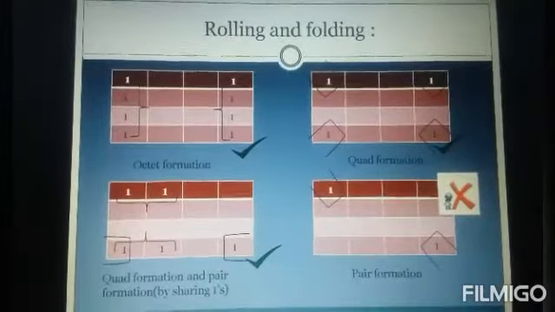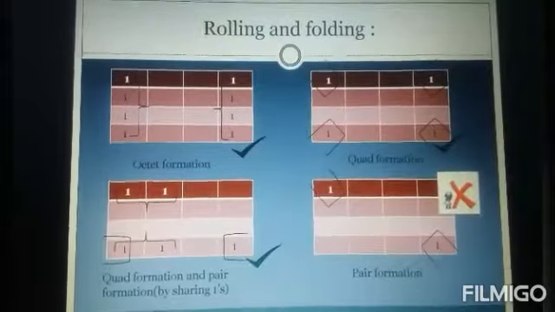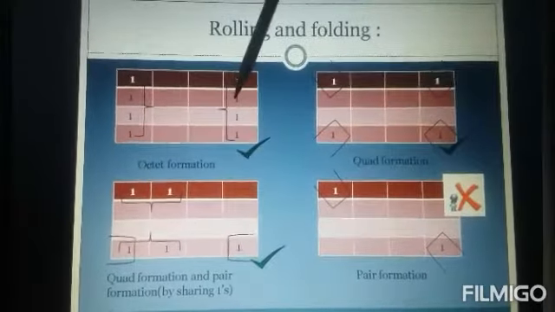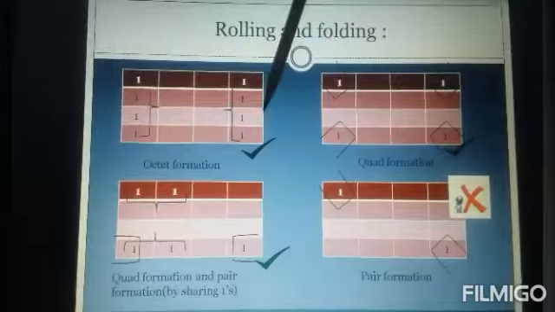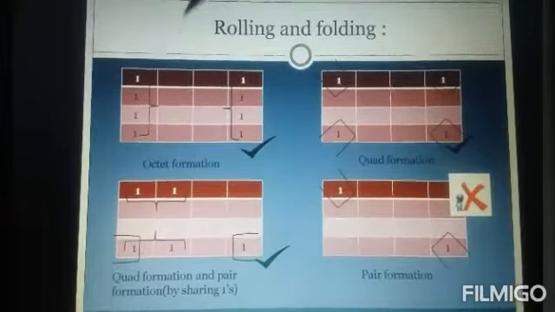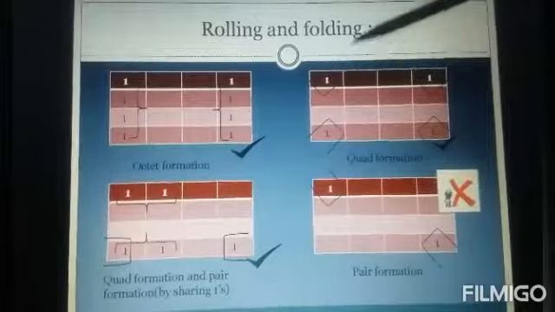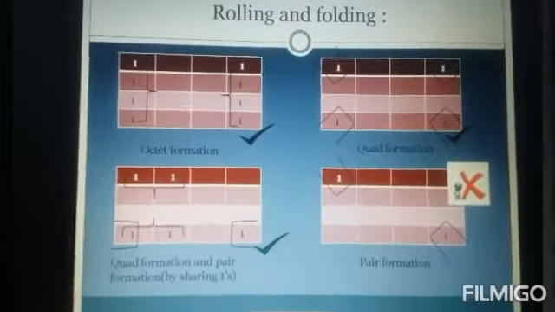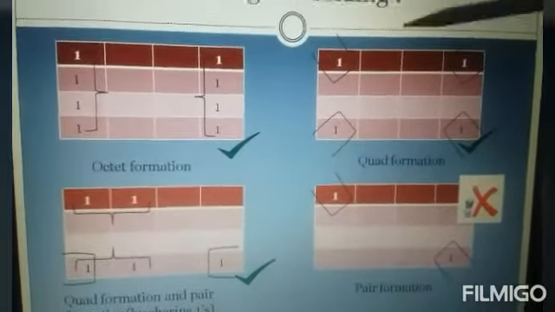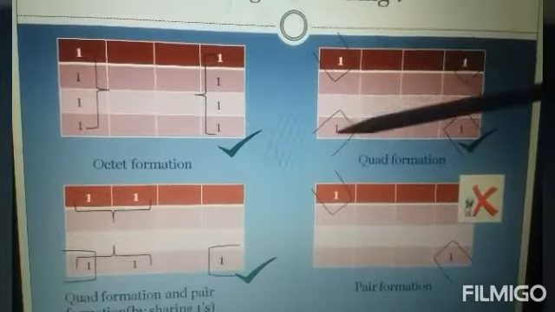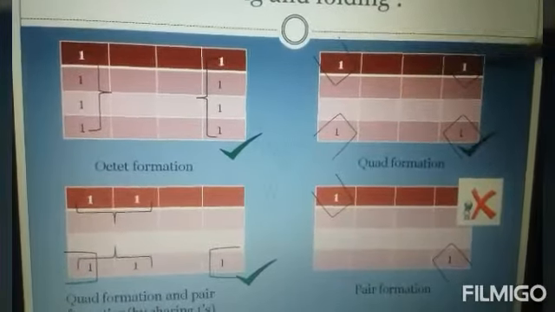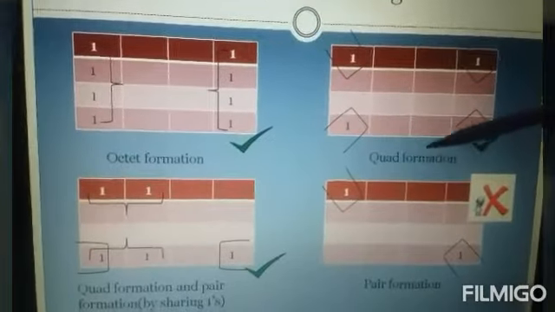Then rolling and folding. What do you mean by rolling and folding? When we are folding it together, we are having 8 ones together. That means we are creating an octet. When we are folding it, see, all ones come together. See, these all ones come together when we are folding it. It means we are forming a quad.